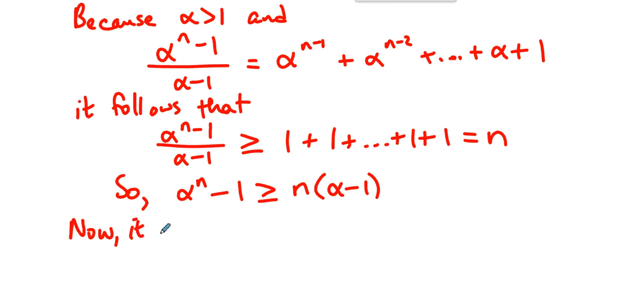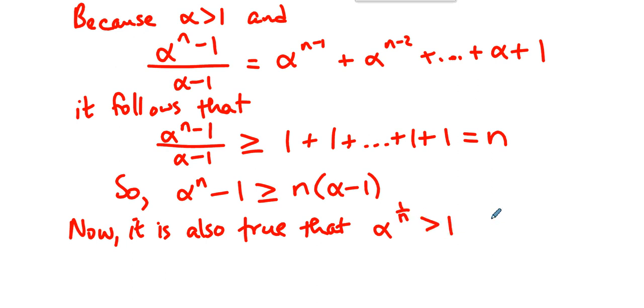Now, it is also true that alpha to the 1 over n is greater than 1, because alpha is greater than 1. Just reminding, if alpha is greater than 1, and we take any root of alpha, that root must be greater than 1.